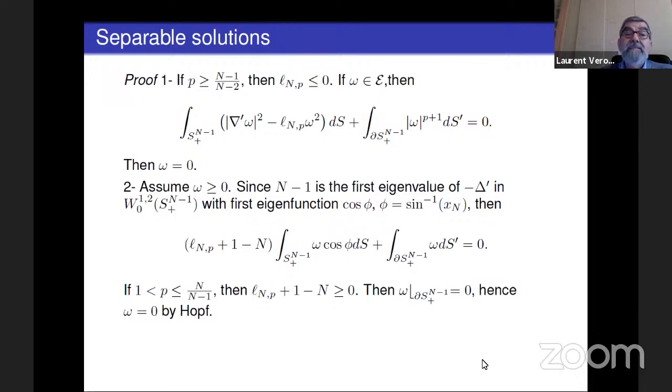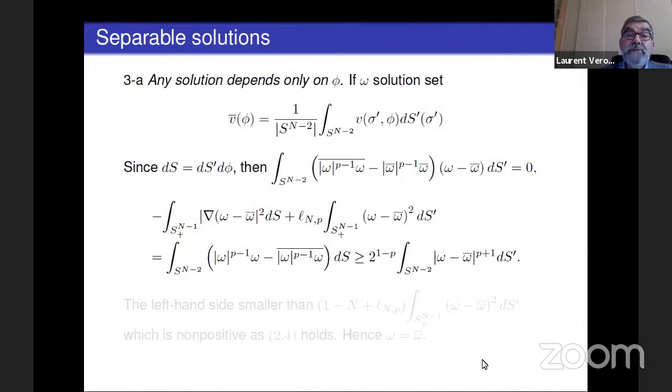Now, this is for the two cases of non-existence. Now for existence, we have to reduce the problem a little. First observation: any solution, in the different range for the value of p, between n/(n-1) and (n-1)/(n-2), depends only on the angle phi, which is the angle with the vertical axis x_n.